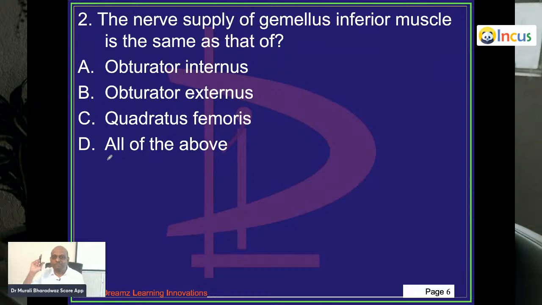One nerve supply will come, doctor, in tomorrow's NEET PG exam. Gemellus superior, gemellus inferior. Do you know these muscles in the pelvic area? Inferior gemelli, superior gemelli, obturator internus, obturator externus, right? Quadriceps means vastus medialis, lateralis, intermedius, and rectus femoris, right? And biceps femoris, semitendinosus, semimembranosus are all the muscles you find in the back of the thigh.